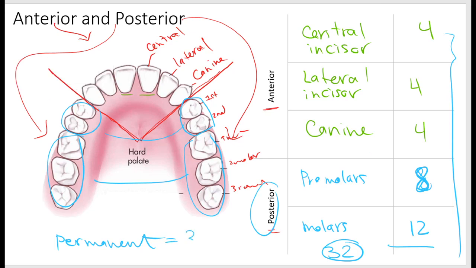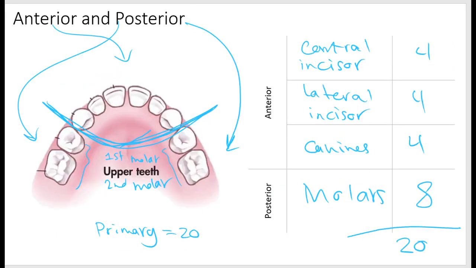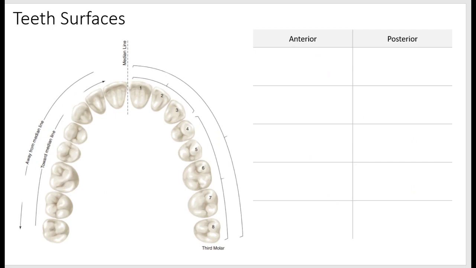Permanent is 32 and primary is 20. Okay, so that is really important to understand, because the next thing that we're going to talk about will be the surfaces. Okay, this needs a lot of attention.